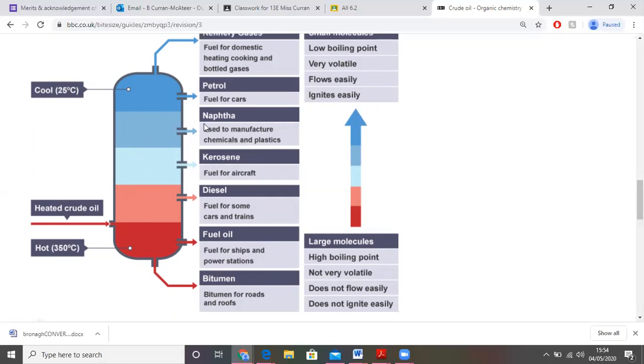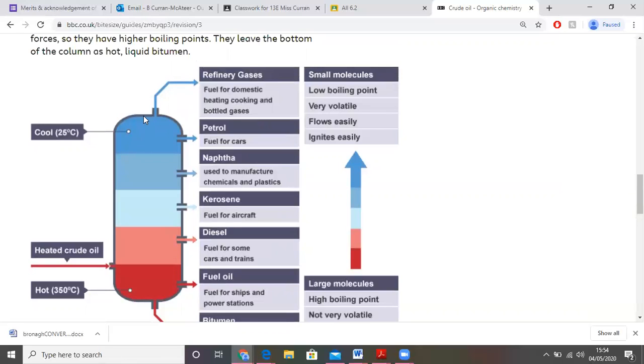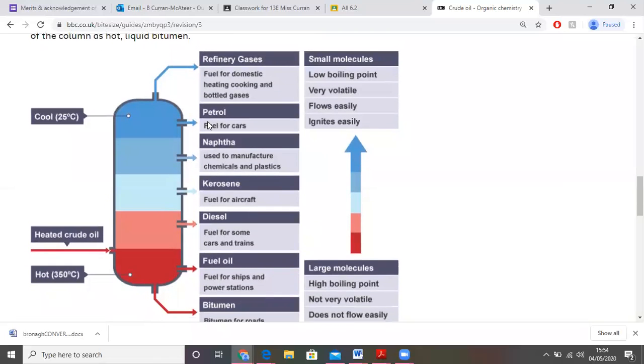This is cool enough now for naphtha to become liquid, so it can be removed because it's easy to separate liquids and solids. Then you have petrol, then you have refinery gases. As they continue to cool it, they can continue to take things out from the column, so that everything goes in here and gets separated into one of these fractions. The last thing to come out are the things that are still gas at room temperature, 25 degrees, and those are your refinery gases like methane.